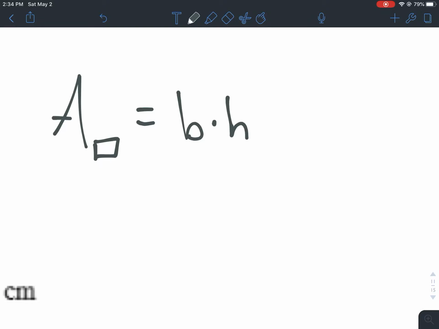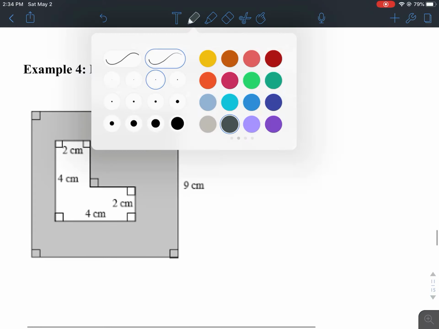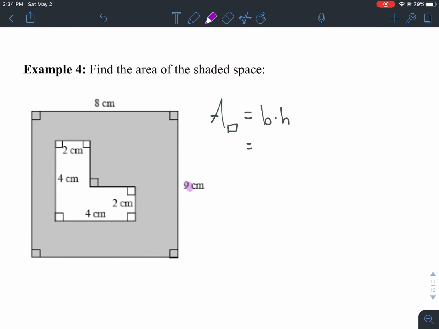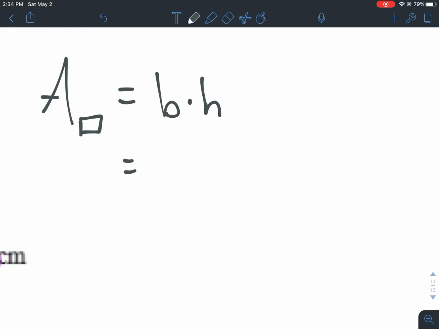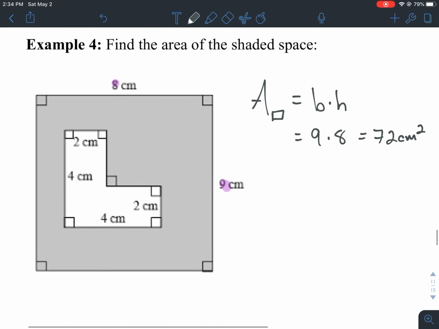The base and the height for this rectangle is 9 and 8. So 9 times 8 is 72 centimeters squared. If we were just asked to find the area of that rectangle, then it would be done, but we want to find the area of this shaded region.